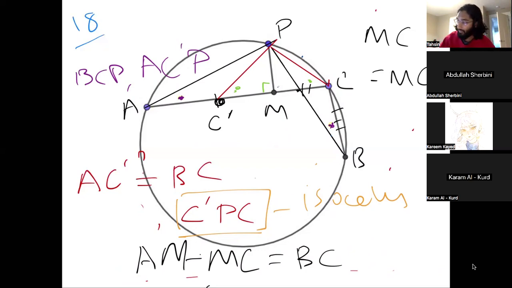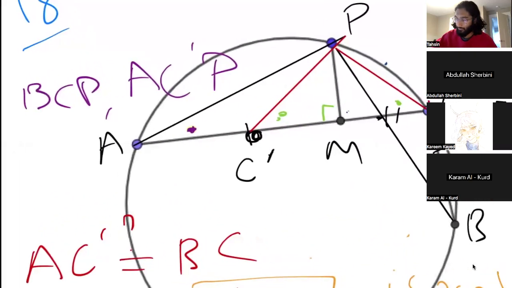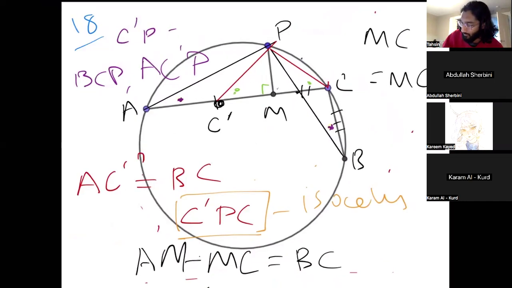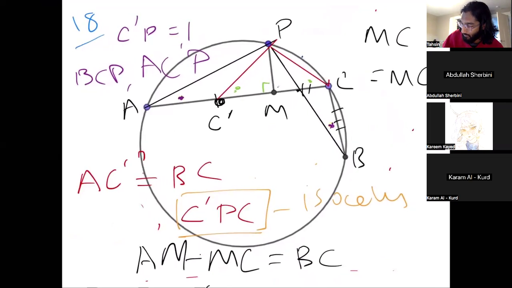So we already have C prime P and PC, and we already have one angle, right? So we're very close. Is there anything else?